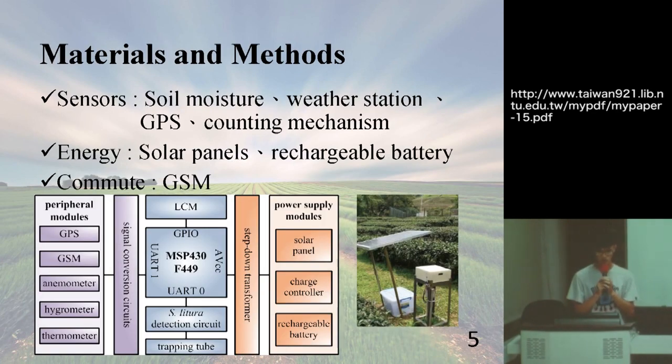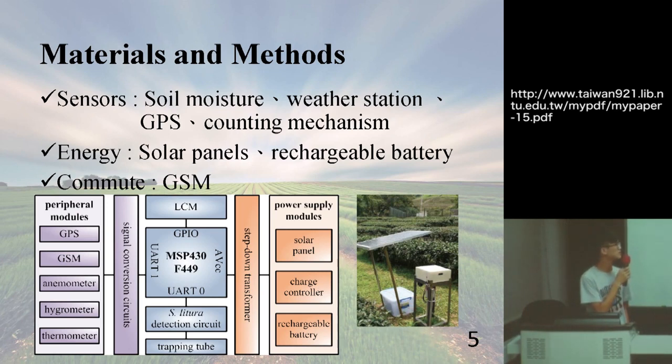So this research is going to put many stations in place in Taiwan, and each station will have some sensors, like soil moisture and a weather station, so you can know the temperature.